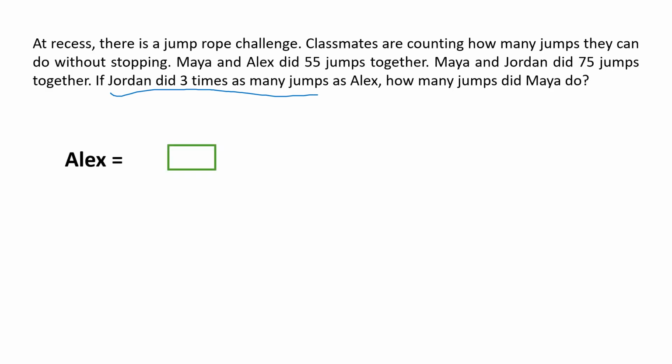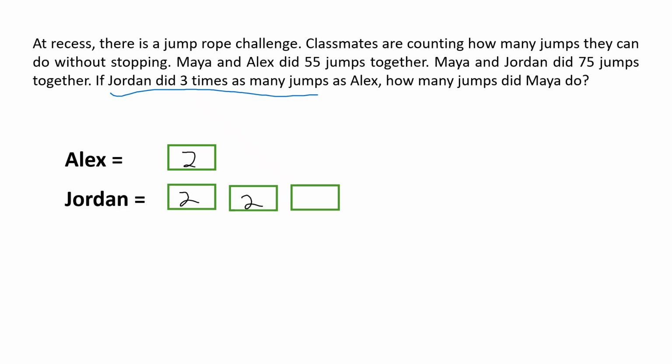So for example, if Alex did a certain number of jumps, we'll just keep it as a box because we don't know how many exactly he did. This would mean that Jordan did 3 times as many, right? So we can represent that as 3 boxes. If Alex did 2, Jordan would have done 2, 2, 2, which is 6 jumps, or just multiply it by 3.